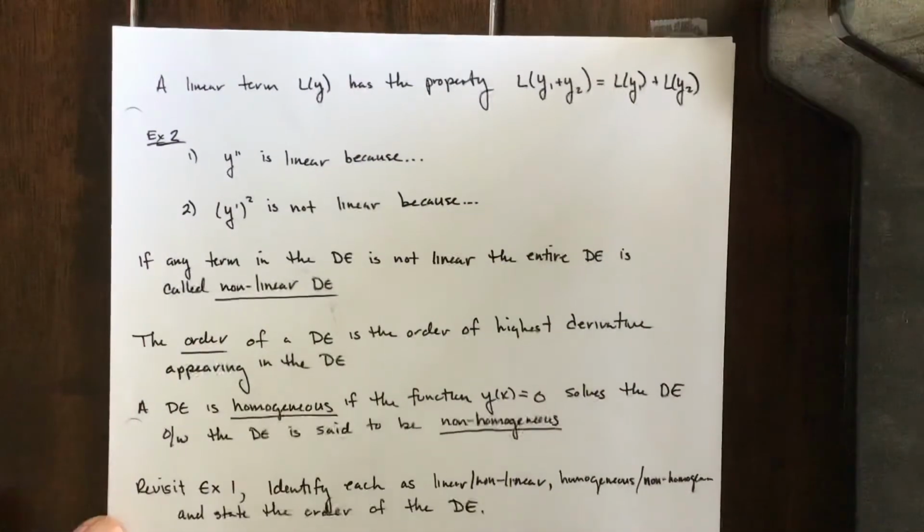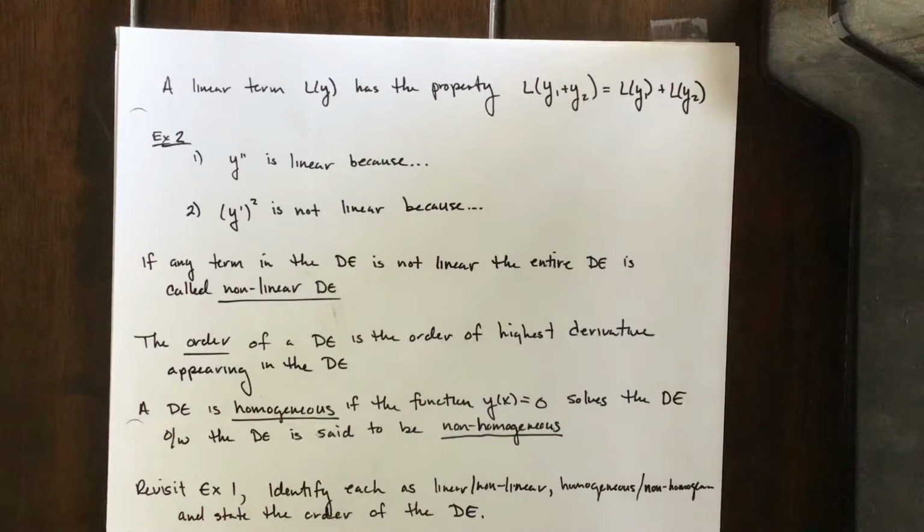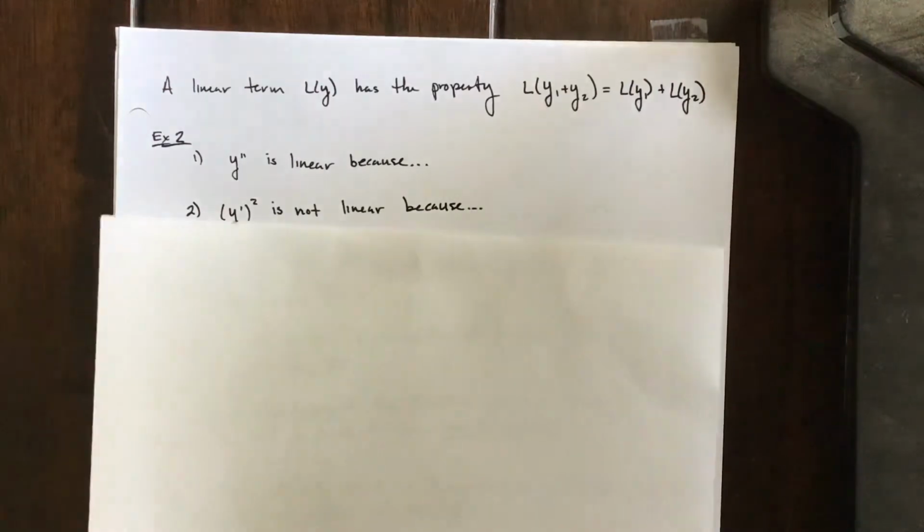Let's go to what is a linear term in the differential equation. A linear term has the distributive property, that basically L of y1 plus y2 is the same as L of y1 plus L of y2. Let's see why that might be relevant here.